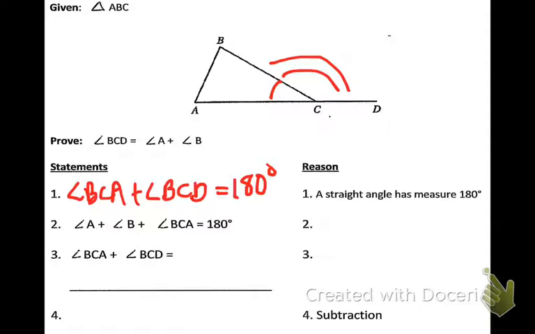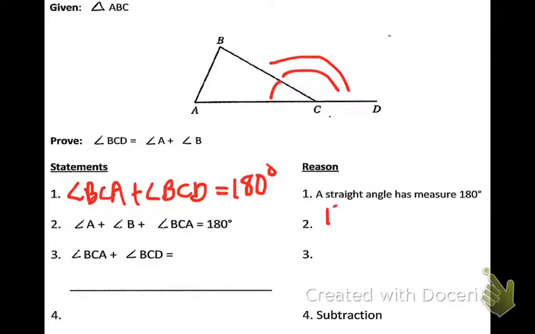Alright, angle A plus angle B plus angle BCA equals 180. How do I know that? Yeah, Madeline. It's not substitution. Right.